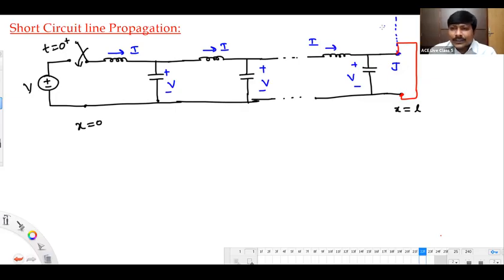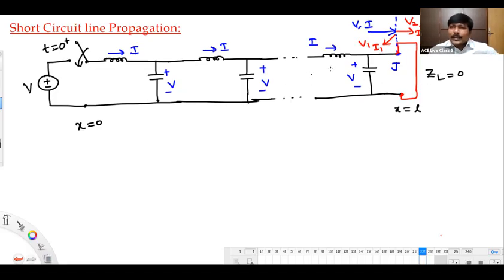After reaching the junction, we have an incident voltage and current as V, I. We have refraction V2, I2, and reflection, we are giving the names V1, I1. Here ZL equals 0, the load impedance value is 0, and we have some characteristic impedance of the line ZC, a non-zero number. ZL and ZC are unequal.